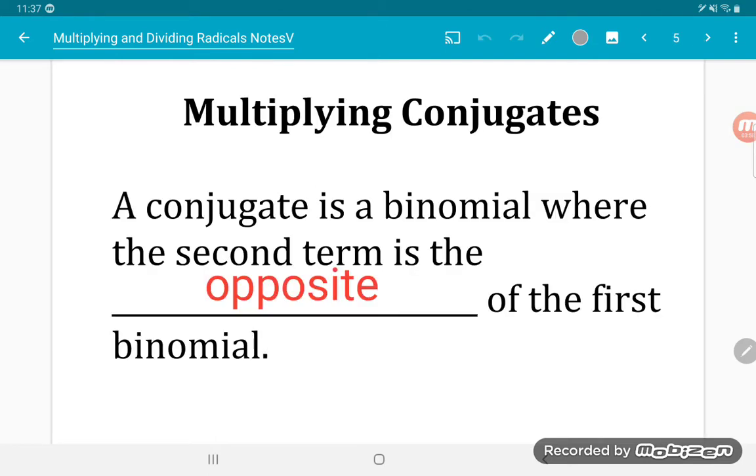In this next lesson, we're going to multiply conjugates. This is at the bottom of your paper. A conjugate is a binomial where the second term is the opposite of the first binomial. So just for example, here on the bottom, I'm going to write 1 plus the square root of 2.